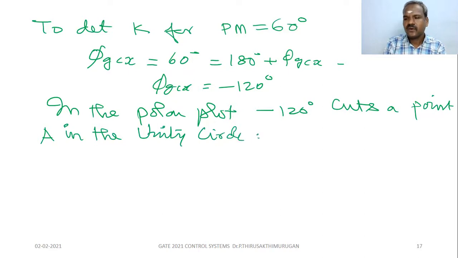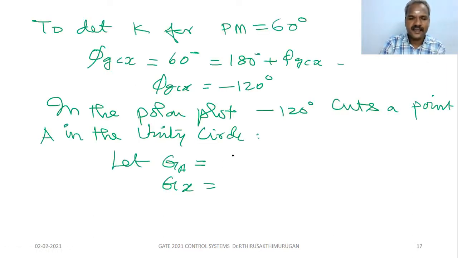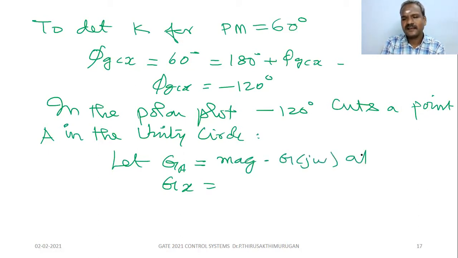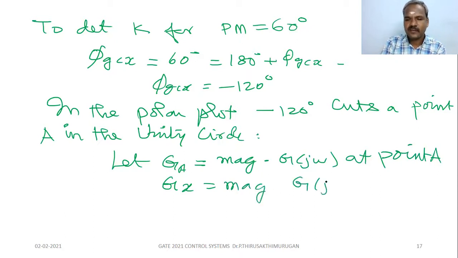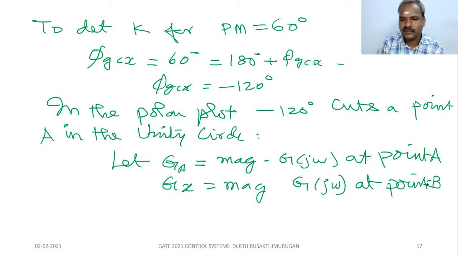Let GA be the magnitude of G of j omega at point A. Let GX be the magnitude of G of j omega at point X.